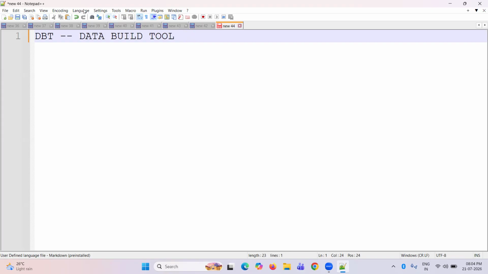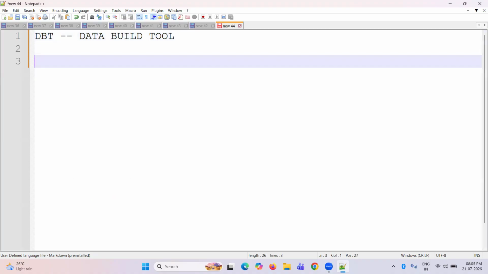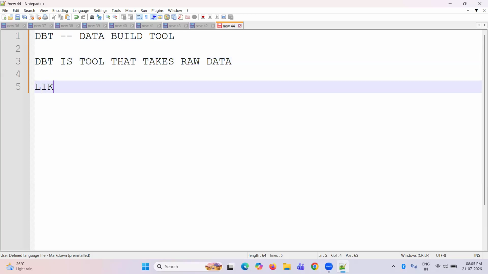Simply, dbt is a tool that takes raw data that is already sitting inside a data warehouse like Snowflake, Redshift, and BigQuery.